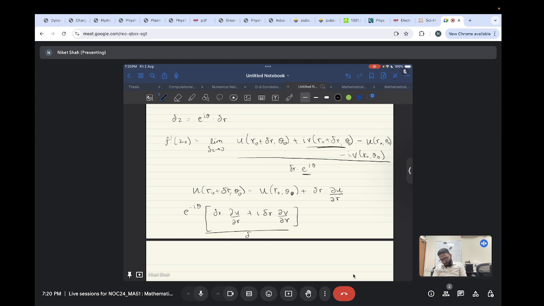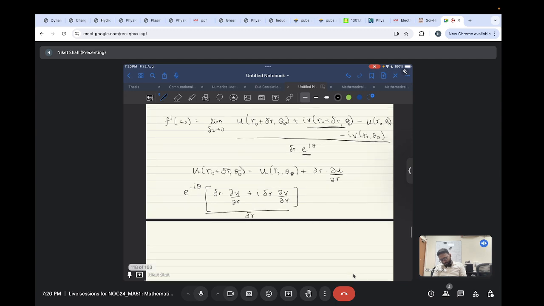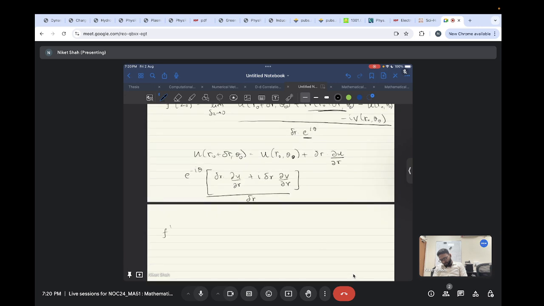Divided by delta r, this becomes f prime of z0 equal to e raised to power minus i theta times del u by del r plus i del v by del r. So this is what I end up getting.